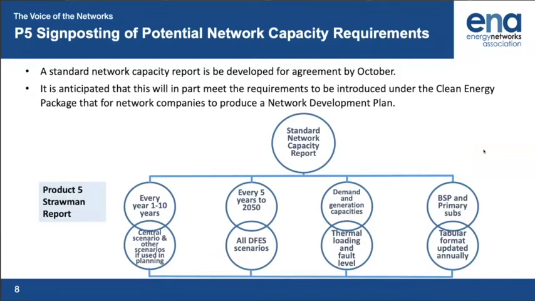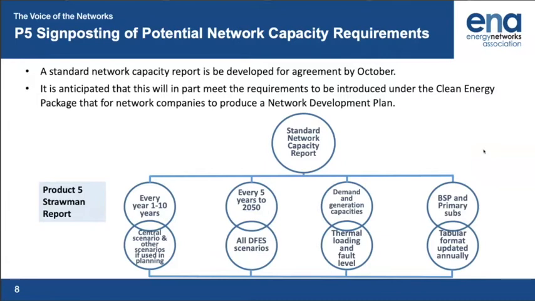It'll do that, and there's been a fair bit of discussion about what exactly it considers. So it's looking at demand and generation capacity, trying to identify network capacity issues both for generation and demand, and there will be a focus on both thermal loading and fault level.